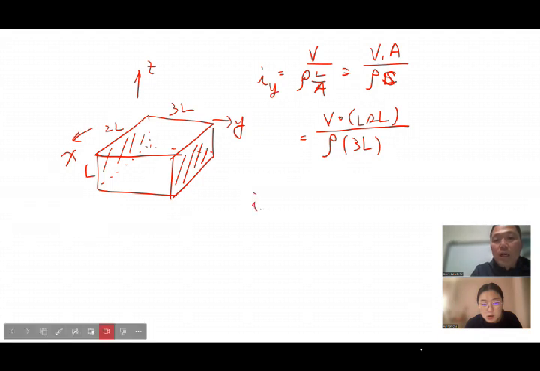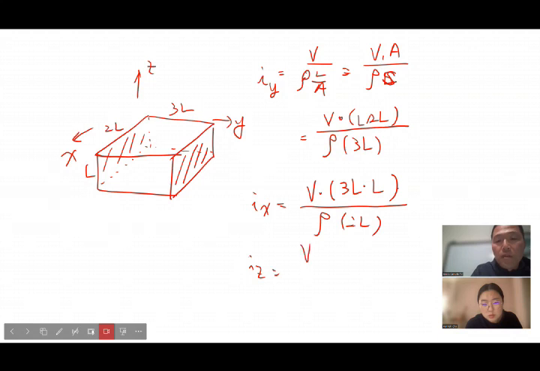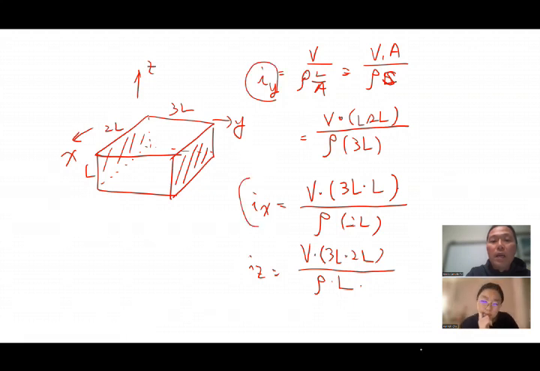And Ix is V times A, which is 3L times L, divided by rho times 2L. And Iz is V times the cross-section, 2L times 3L, divided by rho times L. So now you can compare Ix, Iy, Iz.